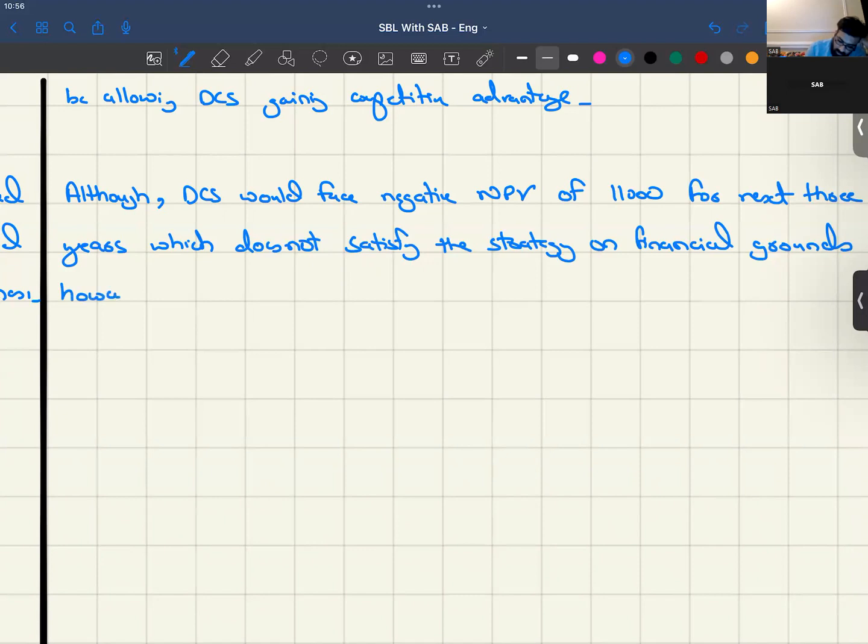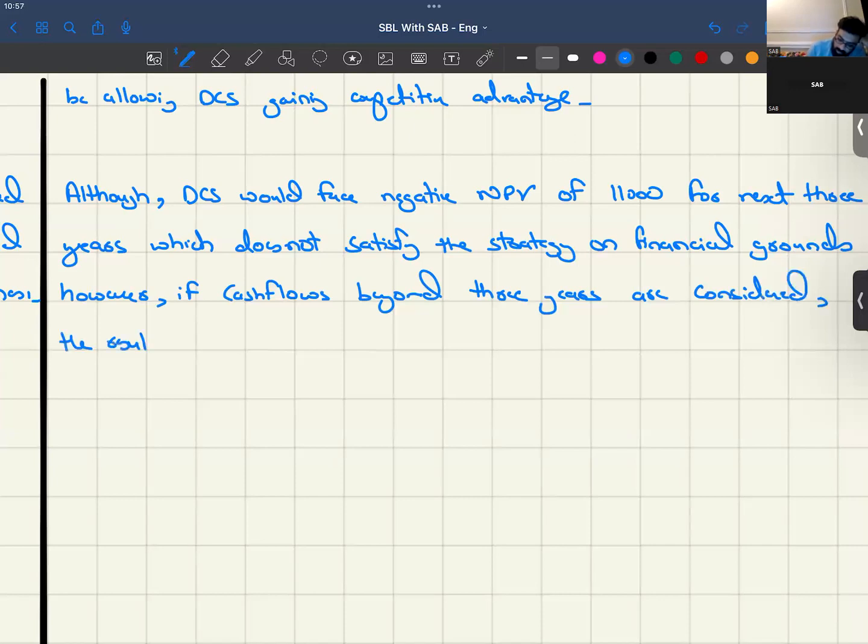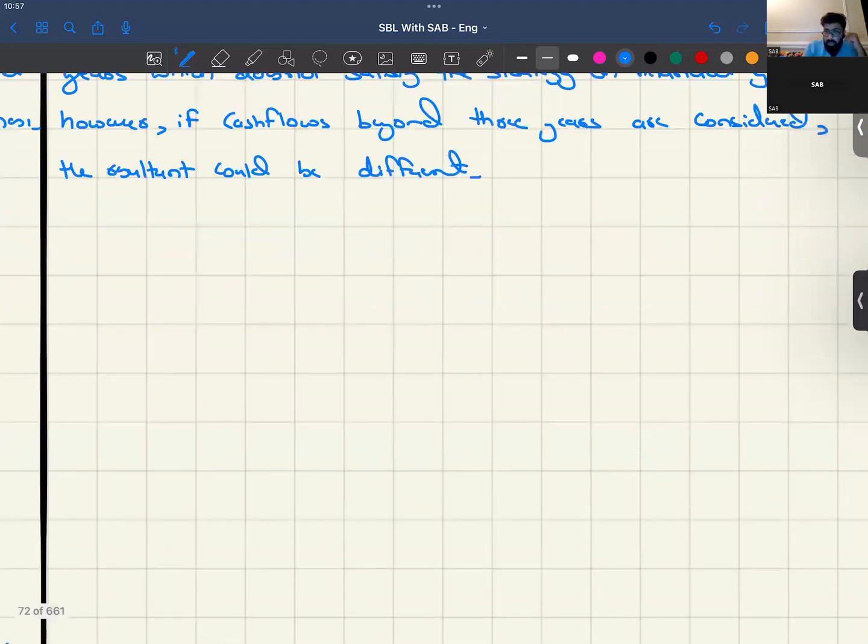However, if cash flows beyond 3 years are considered, the resultant here could be a different observation, right?